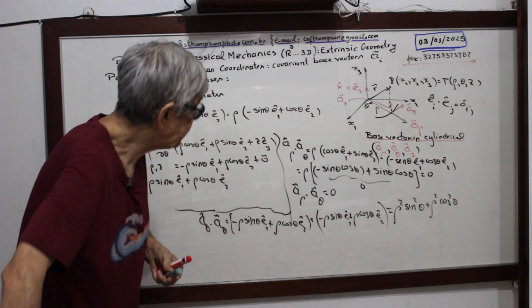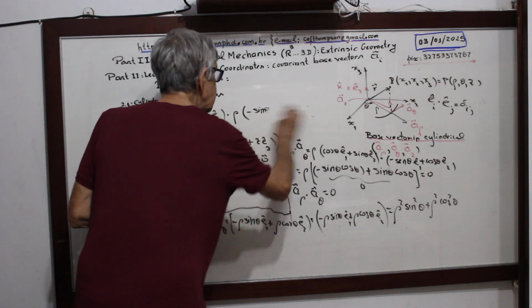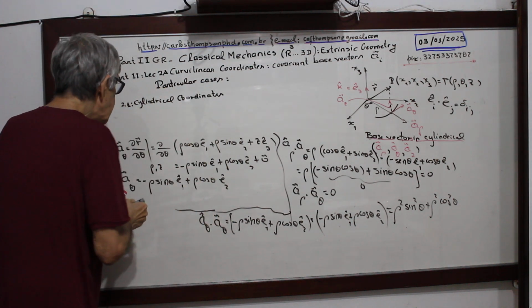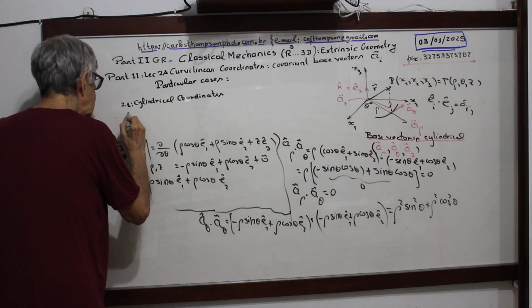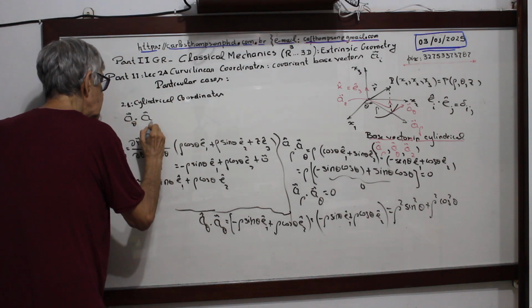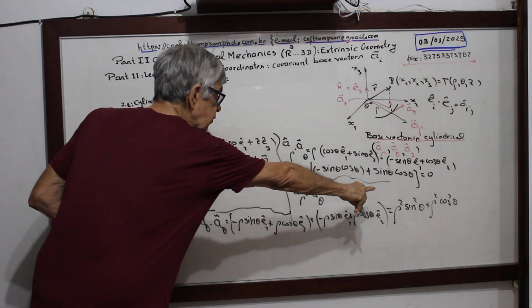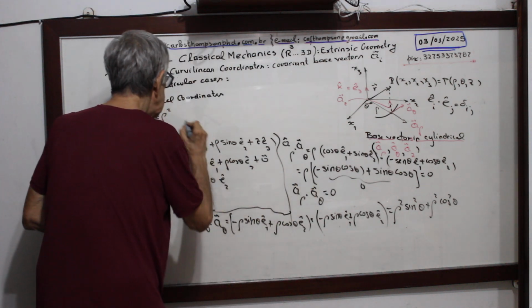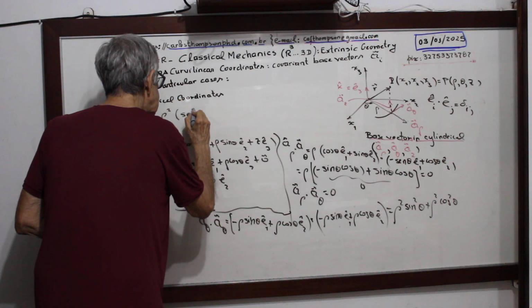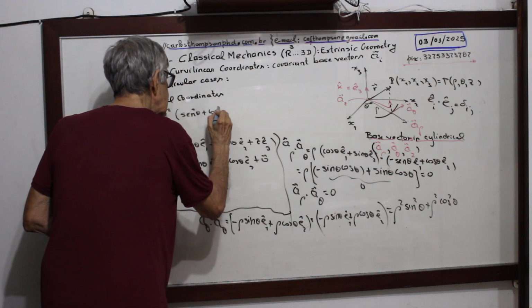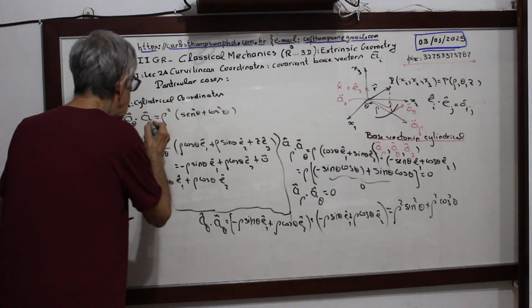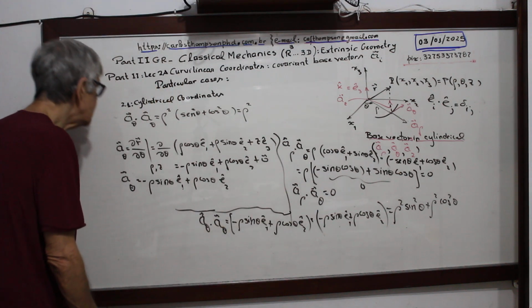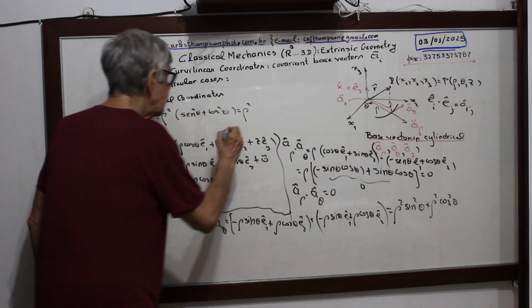Now I will erase over here. Attention now, A theta dot A theta will be, I copy from there, rho square that multiplies sine square plus cosine square. So this will be rho square. Easy.